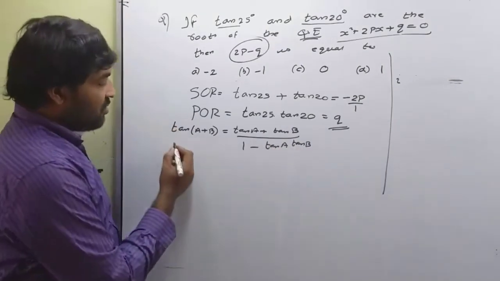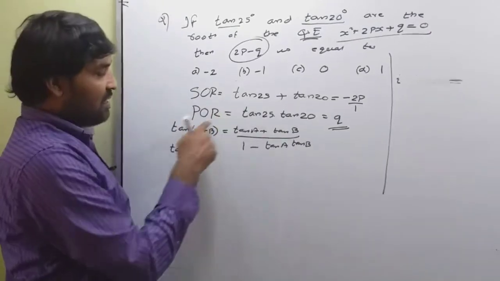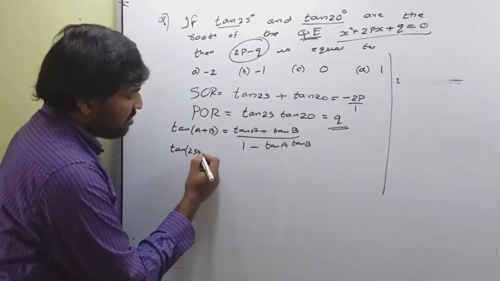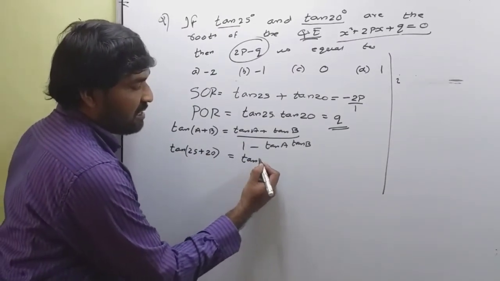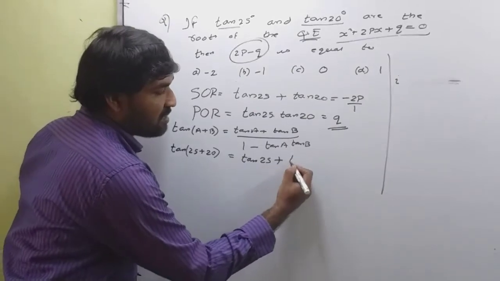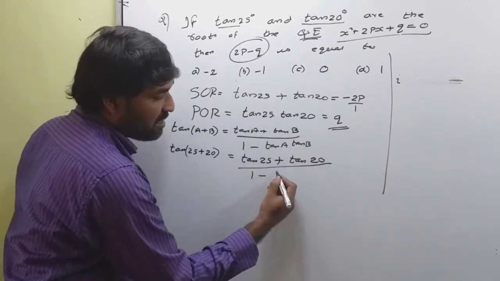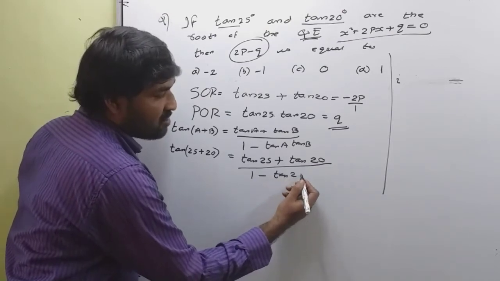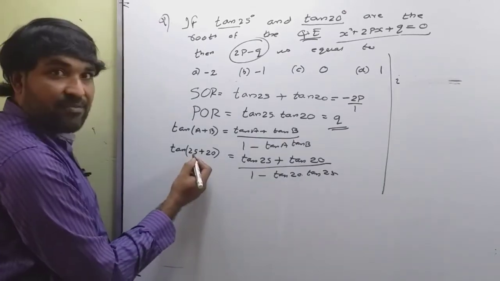Now, instead of A we can write 25. So tan(25 + 20) is equal to (tan 25 + tan 20) divided by (1 minus tan 20 into tan 25). Here it is tan 45.